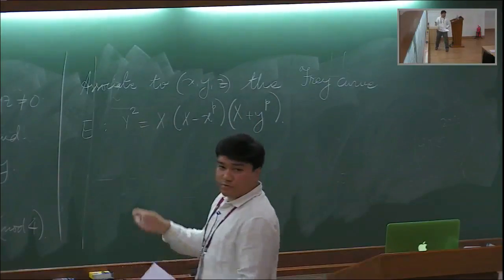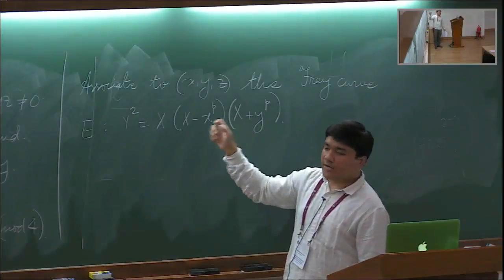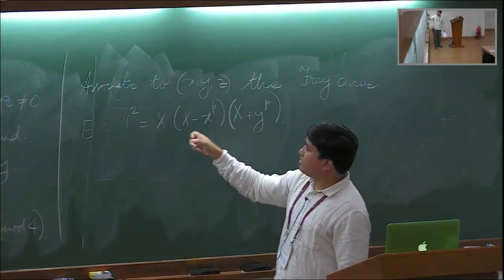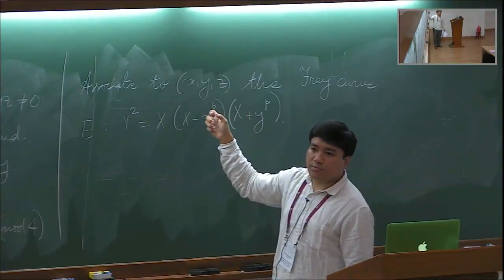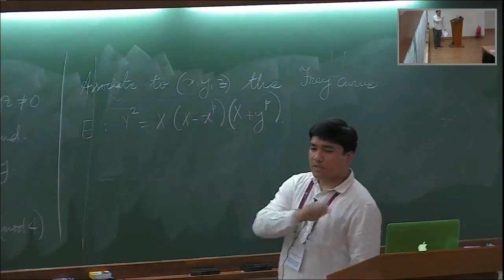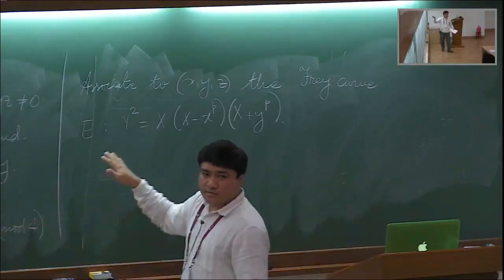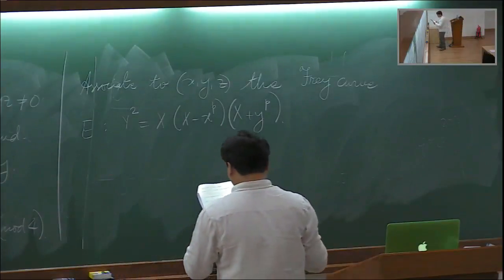Okay? So you make this elliptic. This is an elliptic curve, by the way. So these are going to be the roots of this. They are going to give the two torsion points of the elliptic curve. They will all lie on the x-axis. y is equal to 0 there, so they are torsion points.